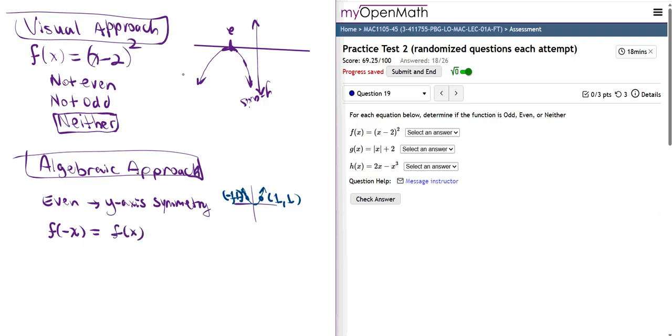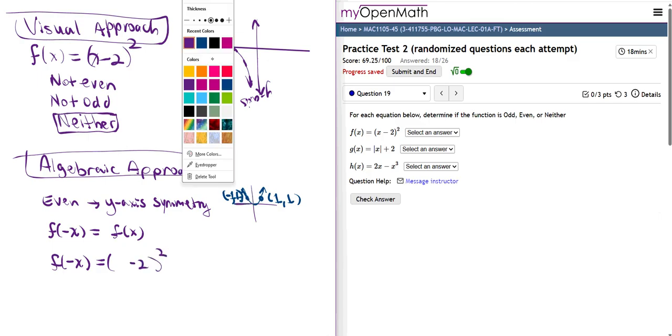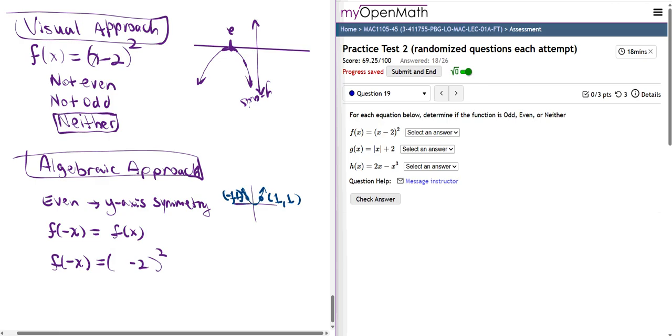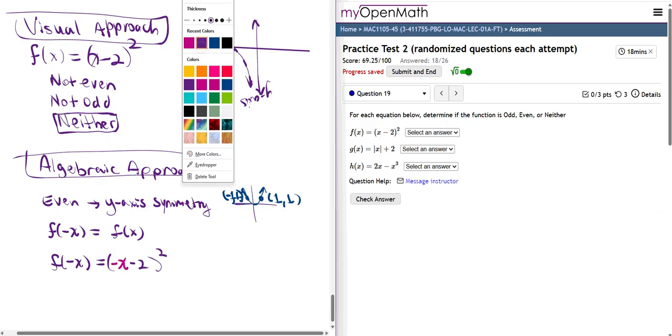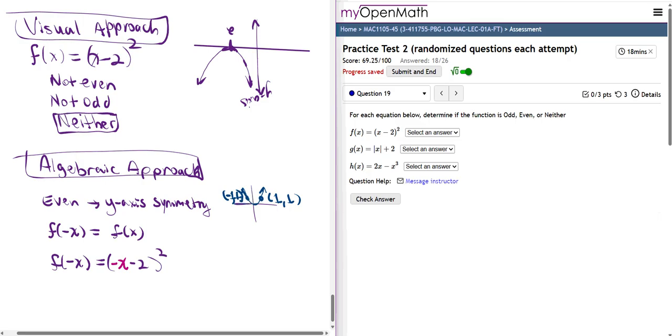Okay, so I'm going to take my function, which was (x minus 2) squared, and I'm going to plug in a negative x and then simplify it to see if I can get back to the original.